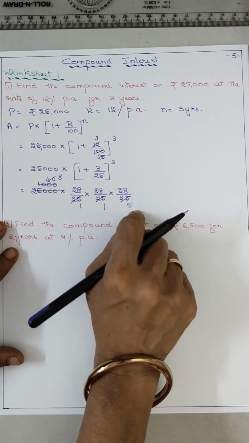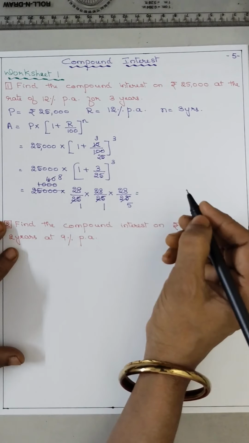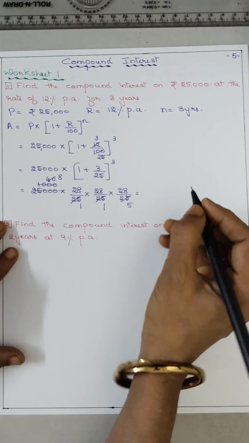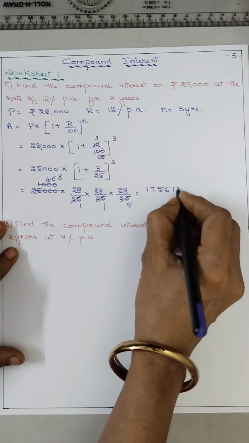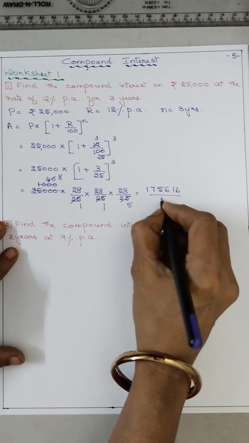Okay. So when you find out like that, it will be 175,616 upon 5.